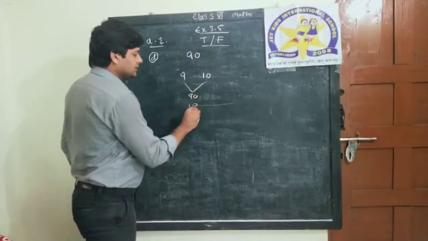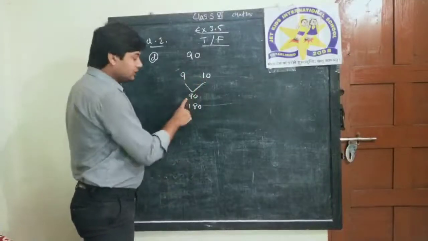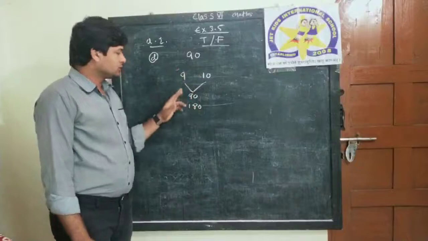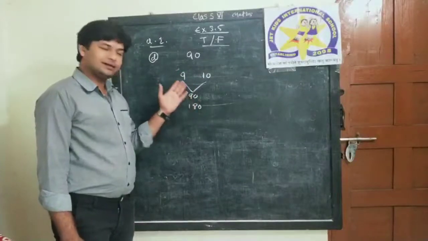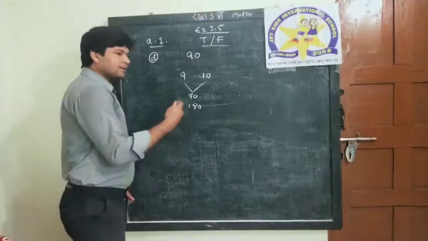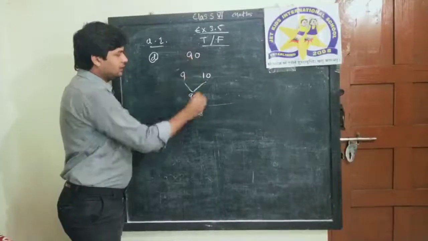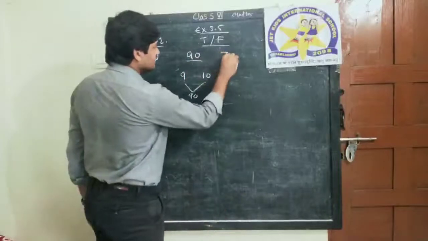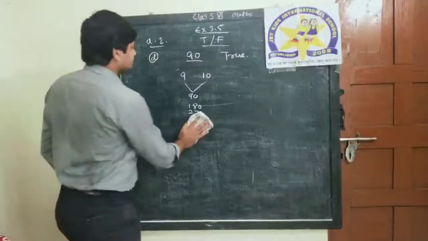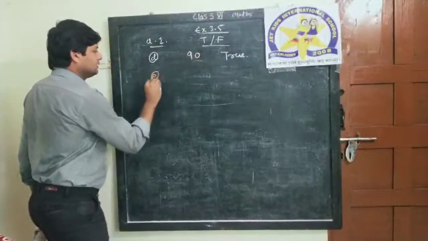Next is 180. Yes, it is also divisible by 90. Okay. It should be divisible by both. Clear? First one is 90, because no other term in the 9 table comes before 90 which is also divisible by 10. So 90, 180. Then again I am taking 270, which is also divisible by 10 and 9, but it will also be divisible by 90. So it is true. Right? D is true.